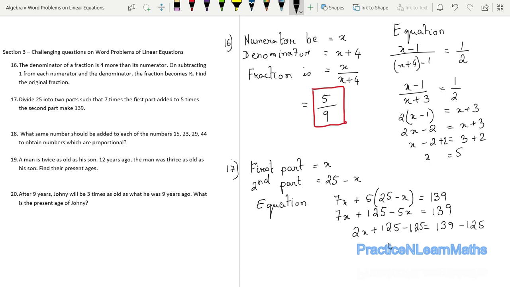We get 2x is equal to 14. Divide both sides by 2. We get x is equal to 7. So, the two numbers are 7 and 25 minus 7. That gives me 7 and 18. That's the answer.